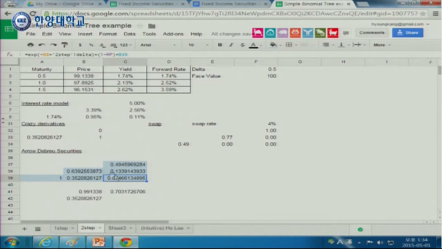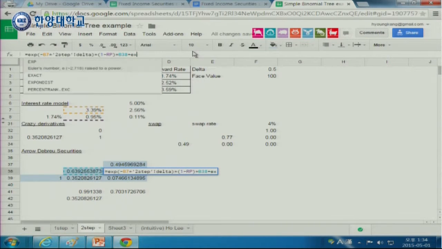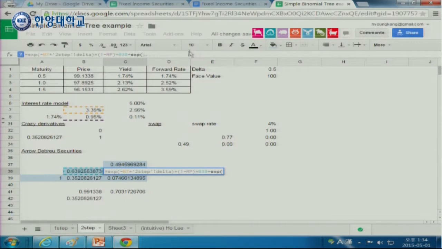So this is one path for moving over here. But this is not enough. We have another path. We have to move from here to here again. Then what we can do is we have to add, right? We have to calculate LOW security from this particular point, discount rate is this one, and multiplied by delta.